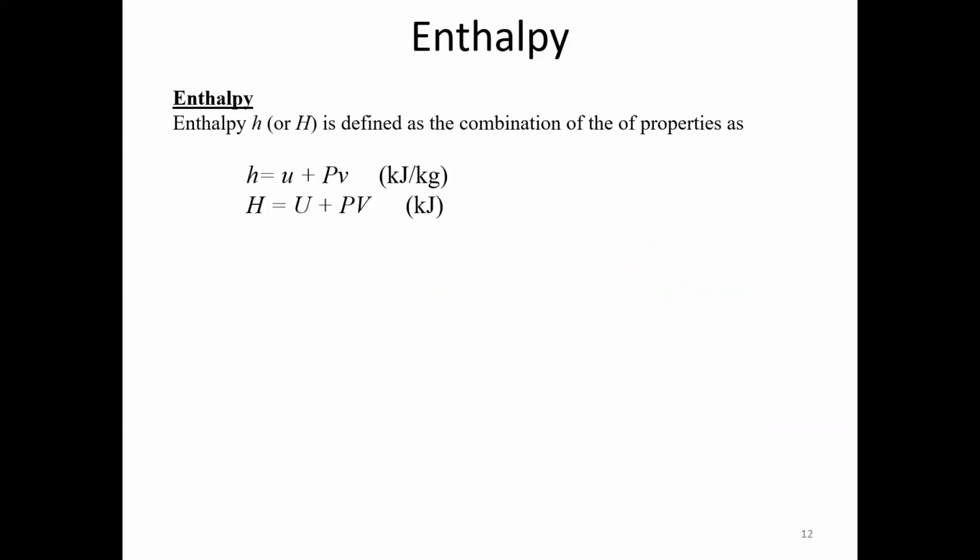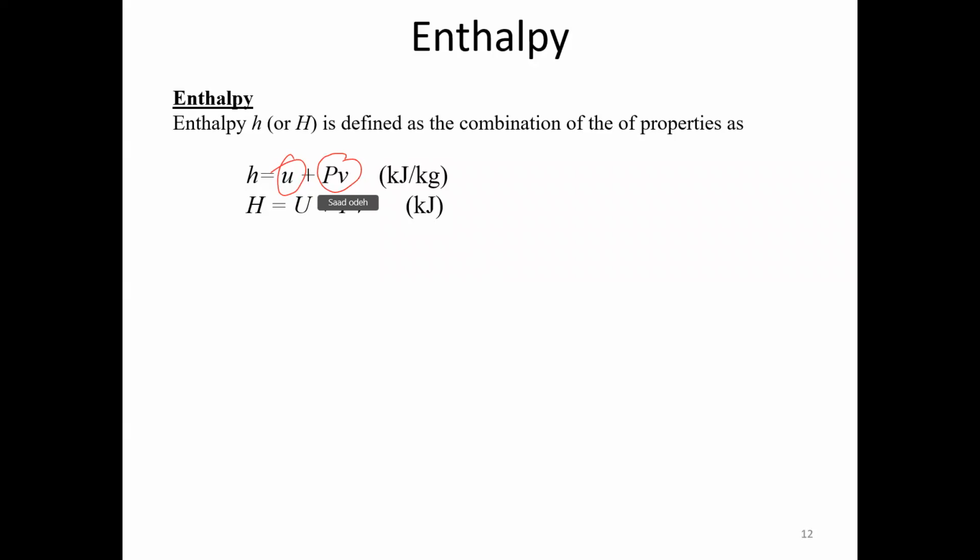What I need from the whole thing is to find the new property, enthalpy. As you can see here, enthalpy has two components: U, which is the internal energy, plus the pressure multiplied by specific volume.